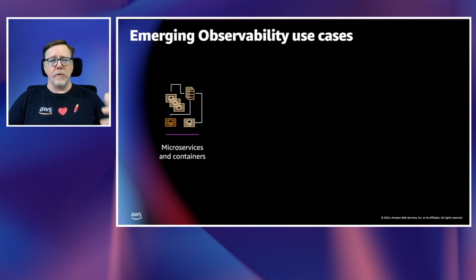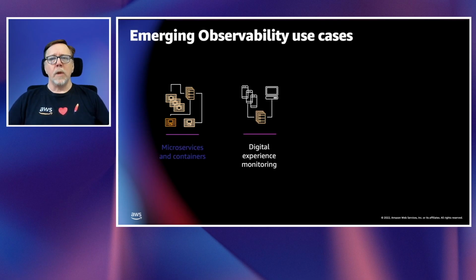So we see a lot of usage in the microservices architecture. We also see a lot of use cases around digital experience monitoring. So when you have a web or a mobile application that is providing some service to your end users, you want to be able to dig in and understand what are the dependencies and how is it working.